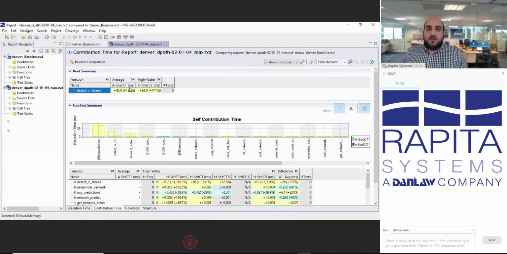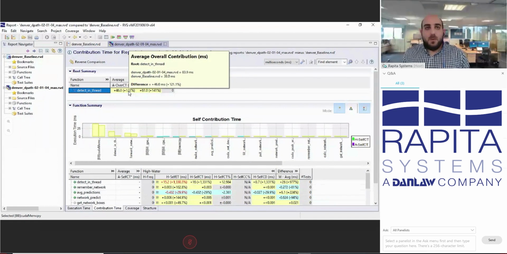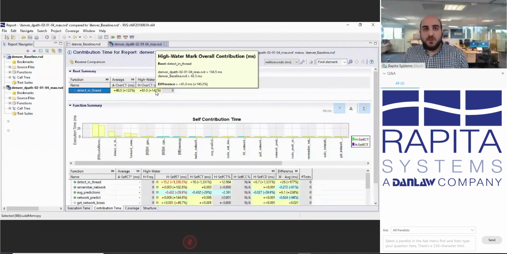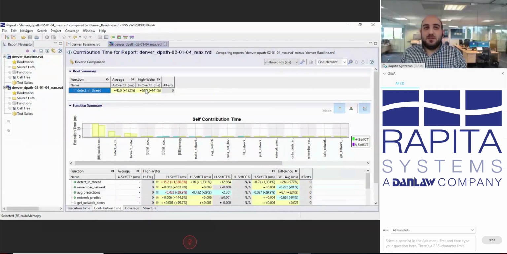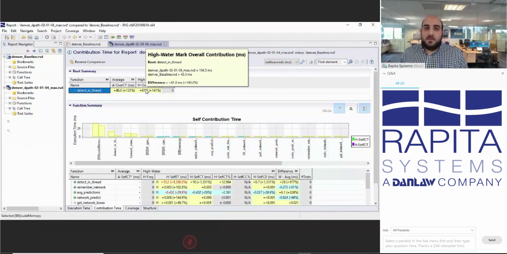In this case, the average execution time has increased by 122%, whereas the high watermark has increased by 140.2%. The actual execution time here, the average is 83.9 milliseconds. The high watermark has gone up to 104.5 milliseconds.